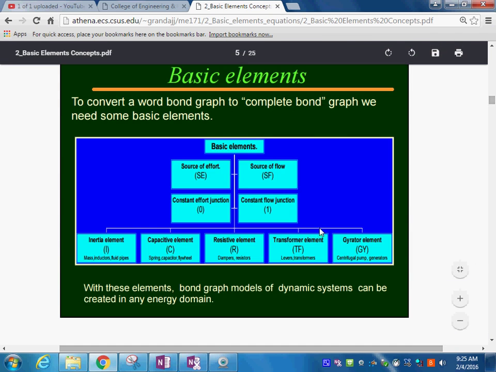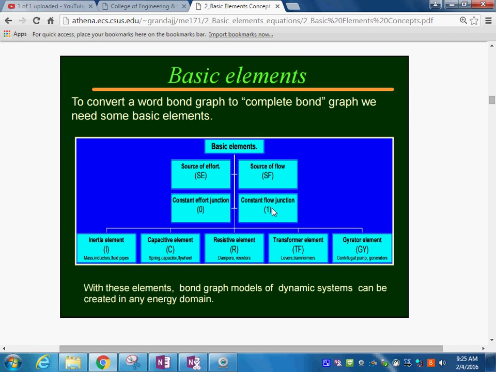So in order to do this, we have to have some basic elements: two sources, SE and SF; two connections, either a common effort junction like a 0 or a common flow junction like a 1; and 5 other elements.